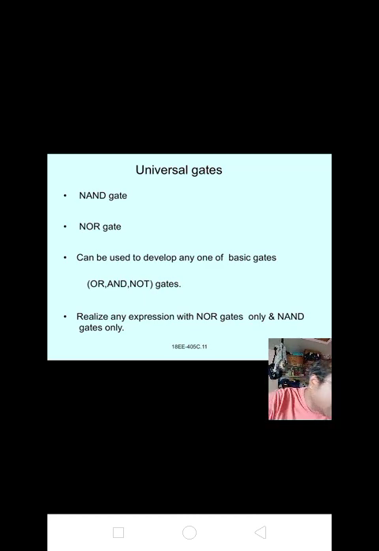Universal gates are of two types. They are NAND and NOR gates.